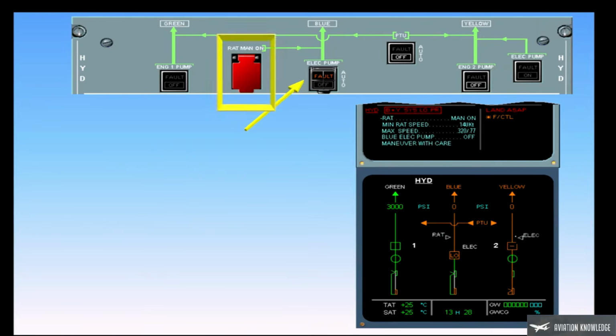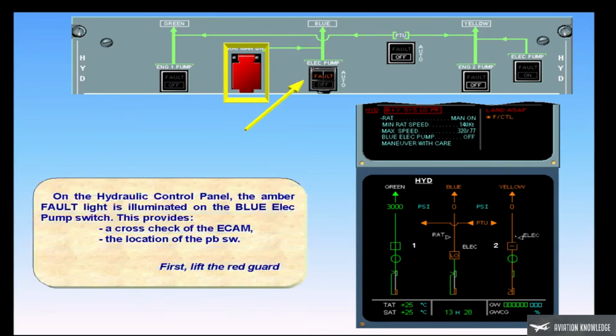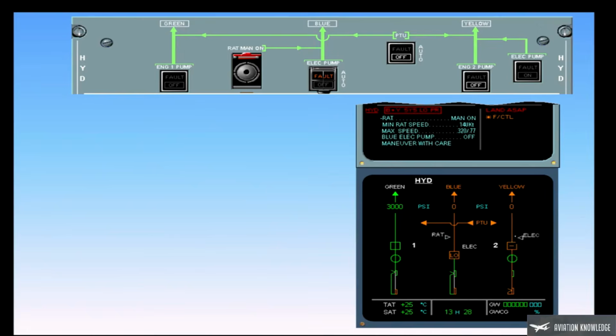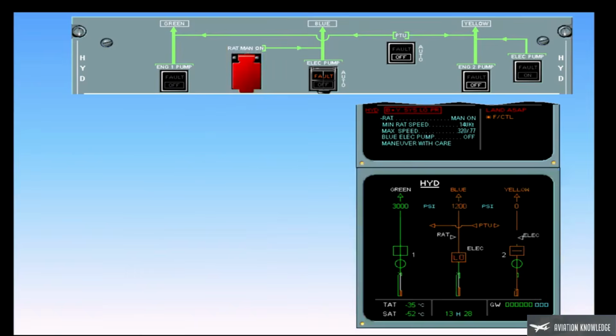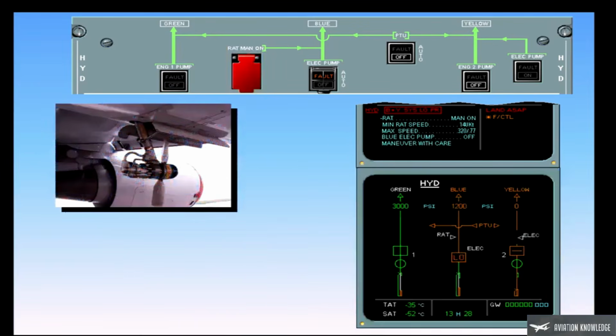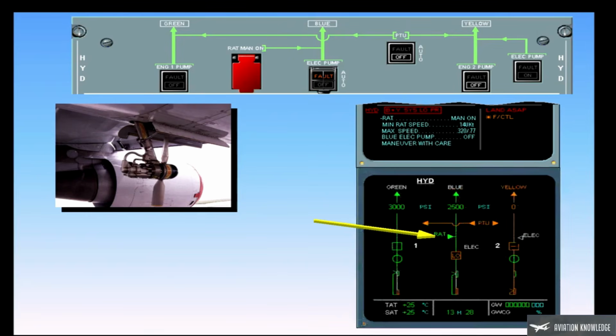First, lift the red guard. Perform ECAM action. Extend the RAT. On the ECAM hydraulic page, observe the RAT symbol has changed from hollow white to solid green, indicating that the RAT is extended.